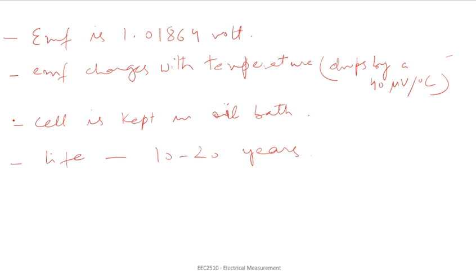And one more thing, that the EMF of the cell changes with temperature, that we just discussed that point. The equation can also be written which relates the EMF to temperature.